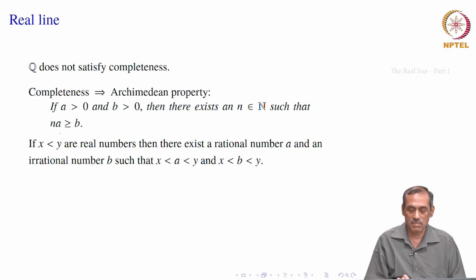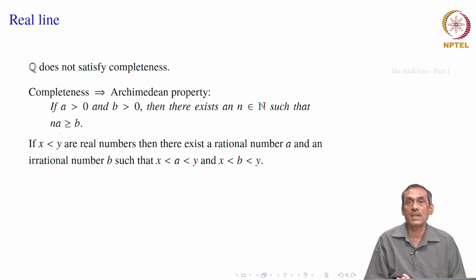This is called the Archimedean property, and its use is very much, but we may not use it very explicitly. There are some theorems where exactly this Archimedean property and this completeness property with its full strength will be used. Now let us look at one property which follows from this Archimedean property. We are not going to prove it, of course.